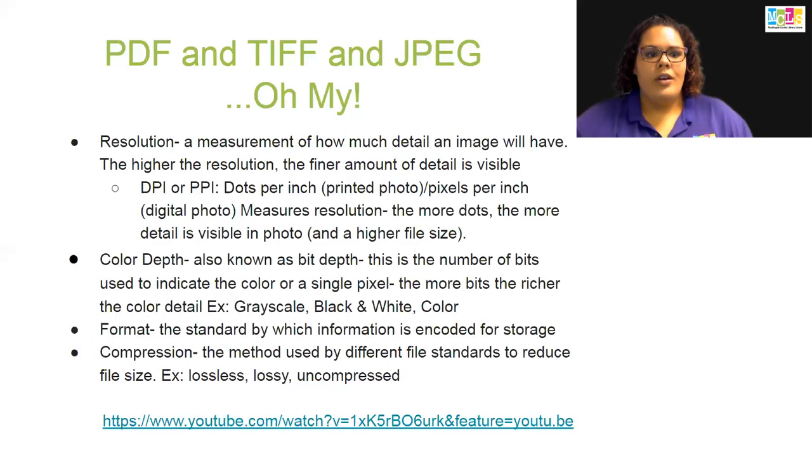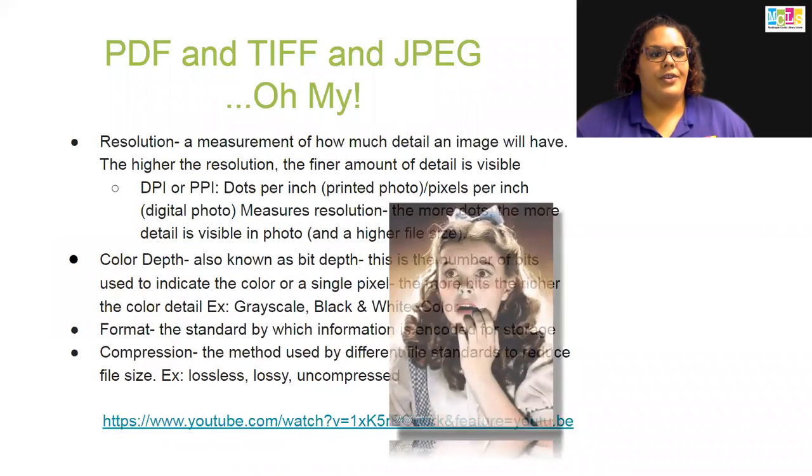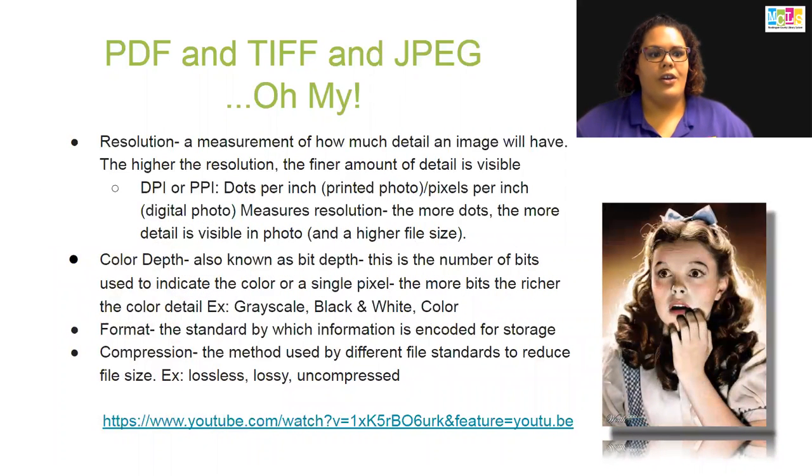So some more terms here. The resolution is a measurement of how much detail an image will have. So when talking about resolution, you're talking about DPI or PPI, which a lot of times will be changed or used interchangeably.